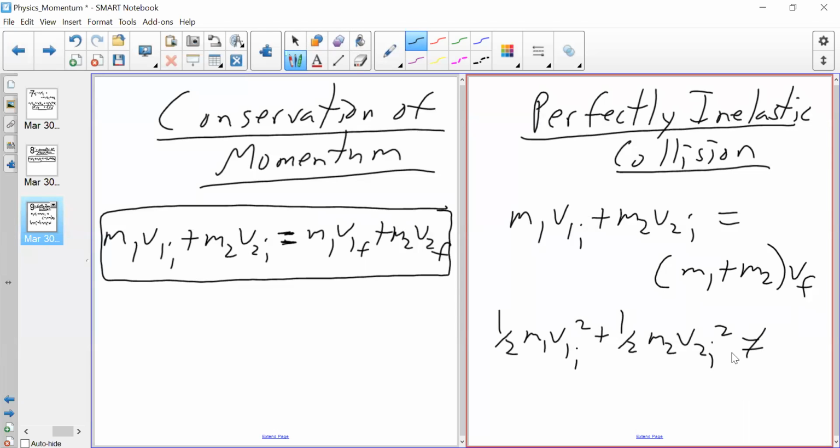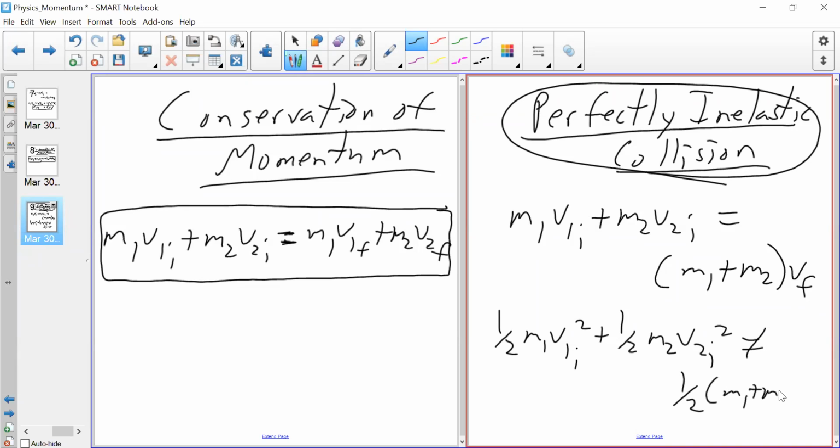You can say the equal sign for the sake of argument, but it's not going to be equal in the end. The kinetic energy is not saved in these types of collisions. Okay, perfectly inelastic, because the masses come together, they stick together and move as one.